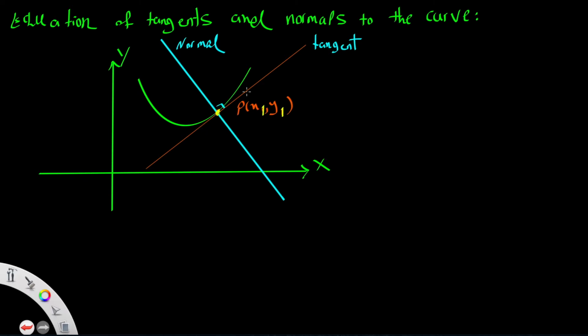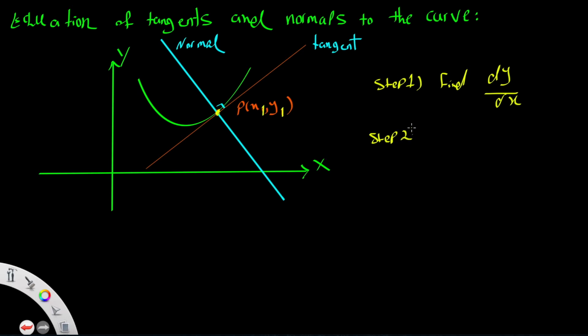Now, we have learned that the gradient formula of the tangent to the curve is obtained by dy/dx. So step one: first, we find an expression for dy/dx, which gives you the gradient formula.